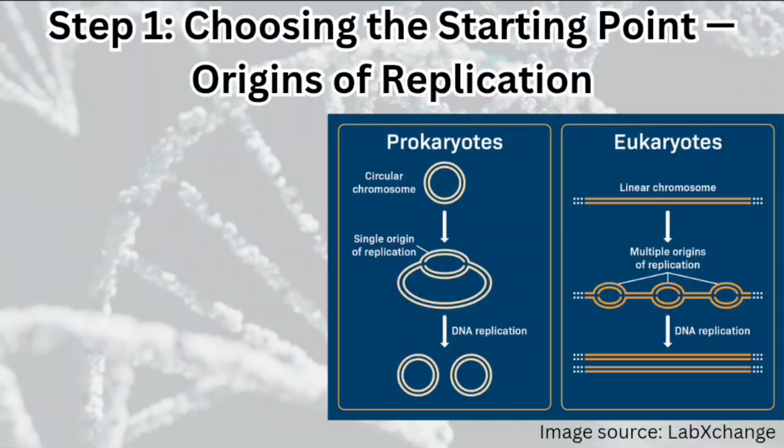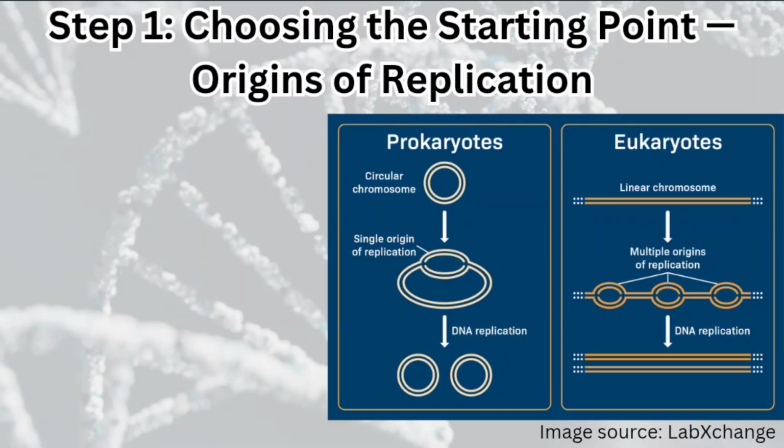So, replication begins at special regions called origins of replication. In bacteria, there is just one origin, but in human cells, or in eukaryotes with billions of base pairs, there are thousands of origins working at the same time.